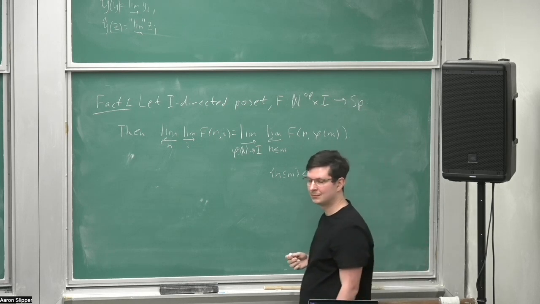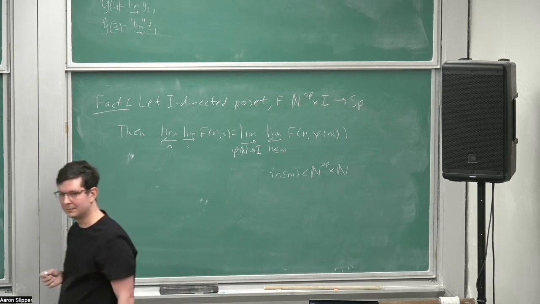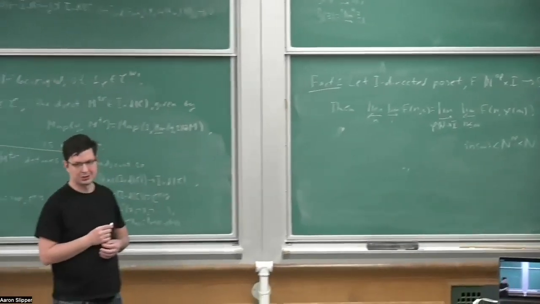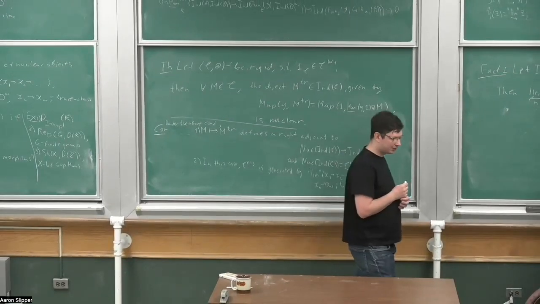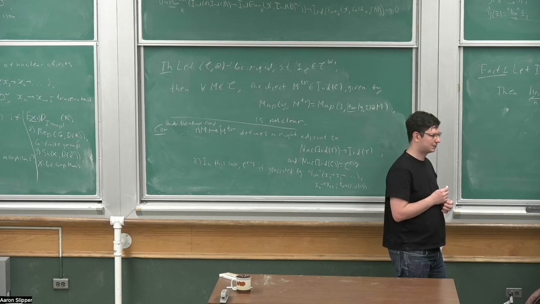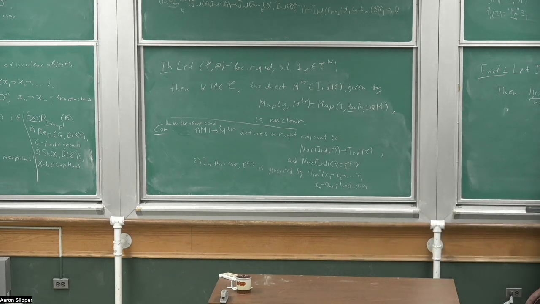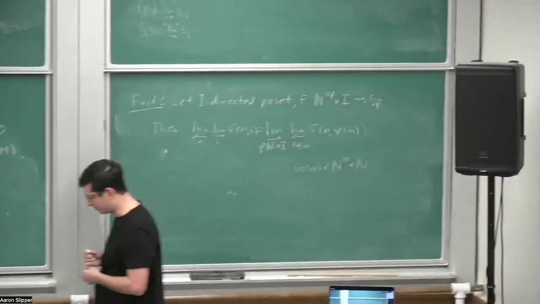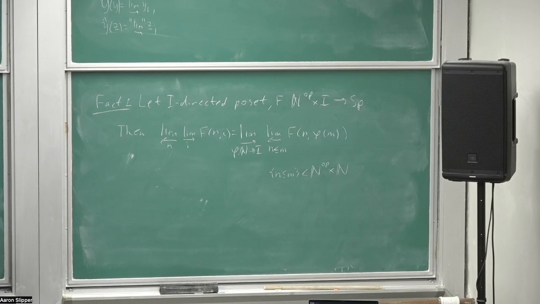Is there a way to say this in a simpler way? Not really. But I would say that this is basically an application of AB6. Here I'm just using AB6 for countable products and the commutation of filtered colimits with finite limits.